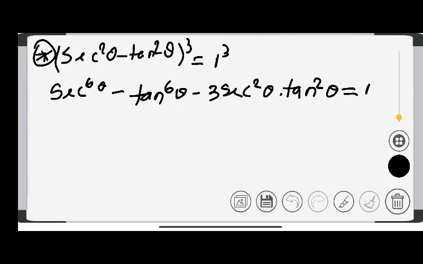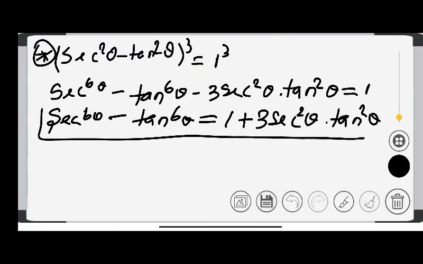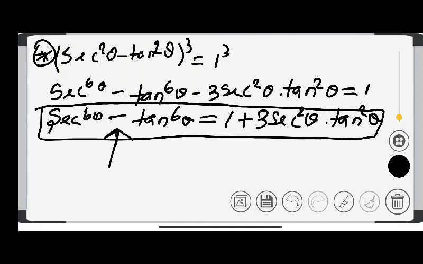So secant power 6 theta minus tan power 6 theta is equal to 1 plus 3 secant square theta into tan square theta. This will be your identity. Remember this. Here there is minus and here there is plus. You have to remember those signs.